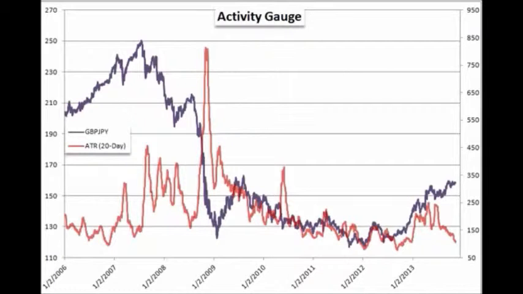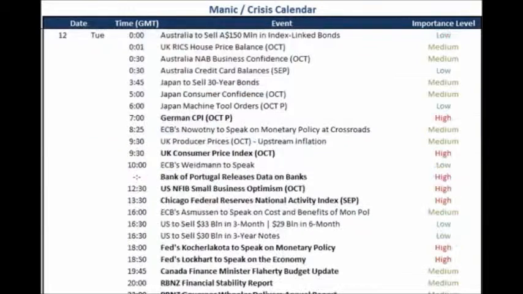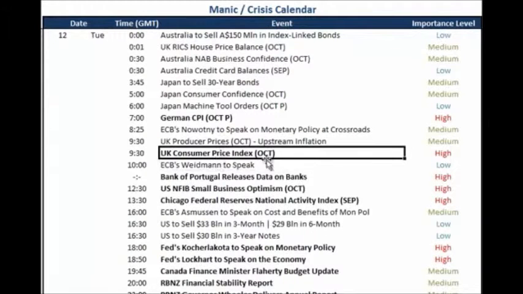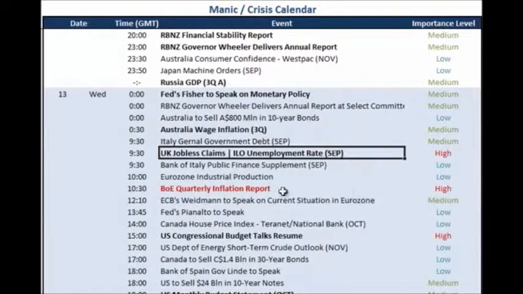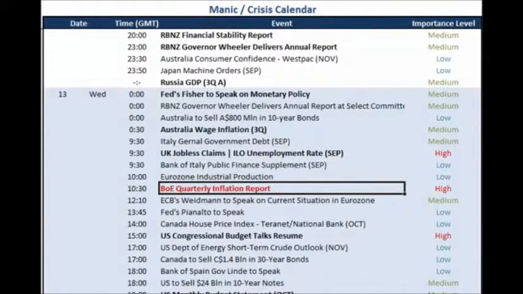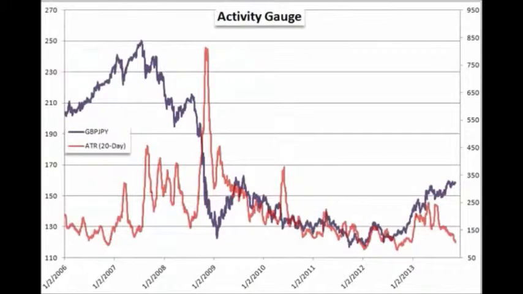When we look at the economic docket for the UK, we know that event risk is going to pick up, starting with Tuesday's CPI figures, and then really kick in on Wednesday's jobless claims and BOE quarterly inflation report. So you put that entire picture together, and you have a complete picture.